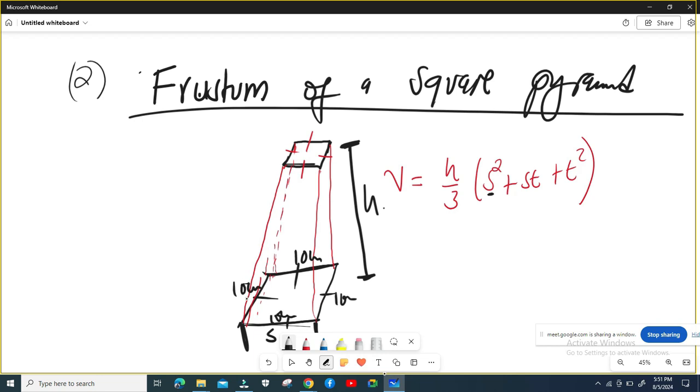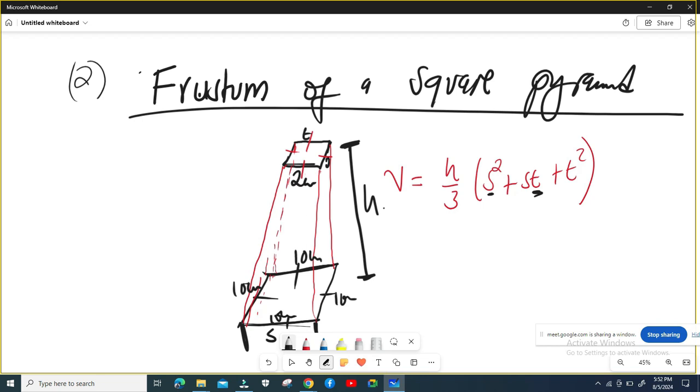T is the length of the smaller square on top there. Sometimes the big square can be on top, the small square down. Let it not confuse you. It's just simple. Just identify which one is a big square, which one is a small square. So maybe you can have 2 centimeters, 2 centimeters, 2 centimeters like that.